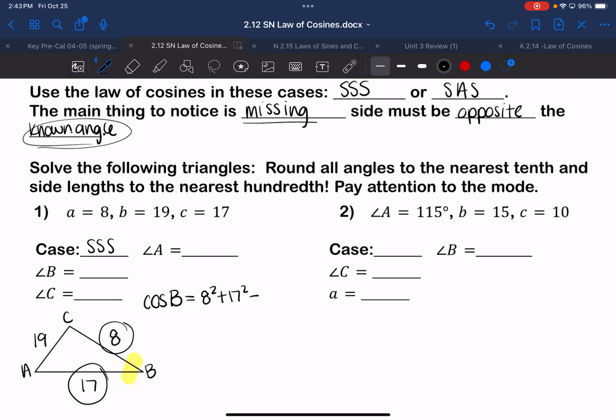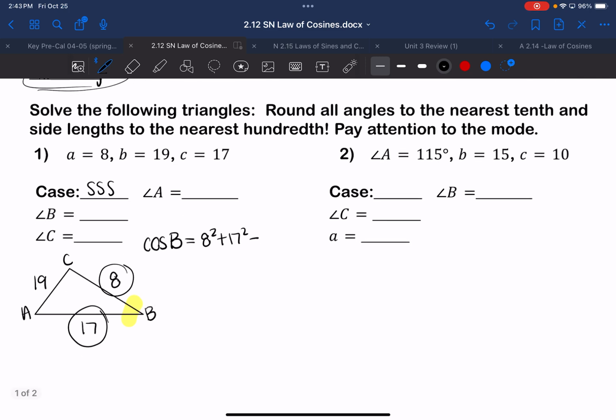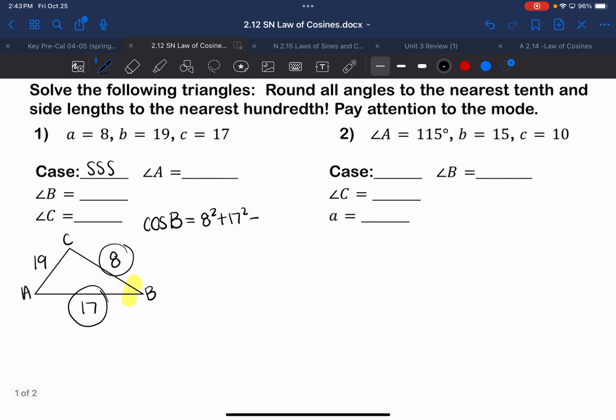Well, we have vice versa here. We have a known side across from our missing angle. So our known side is 19, all over 2 times our two sides that are next to the angle, which were 8 and 17, right?